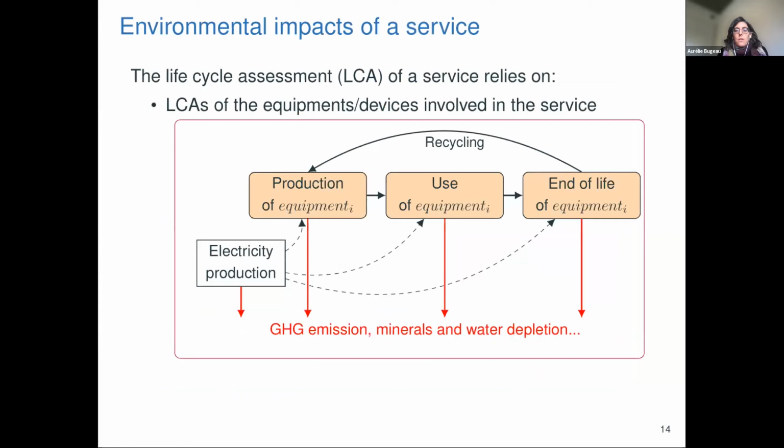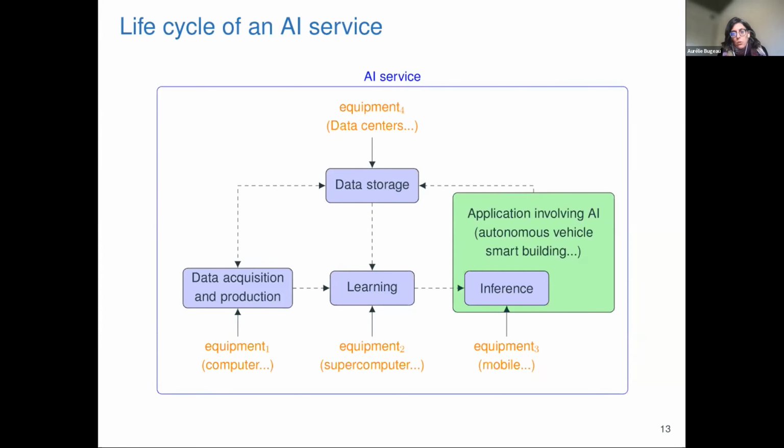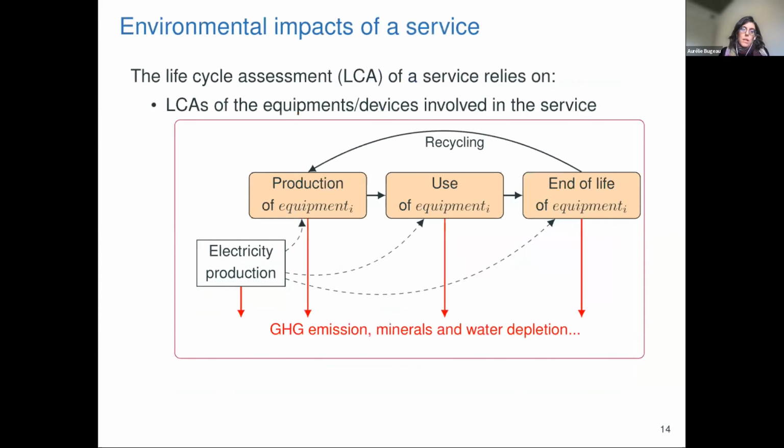So we need to look at the impact of all the equipments. And to do that, we must do a life cycle analysis on all the equipments involved in the service. A life cycle assessment must look at all the phases of the life cycle, from production and manufacturing to the end of life of the equipment.